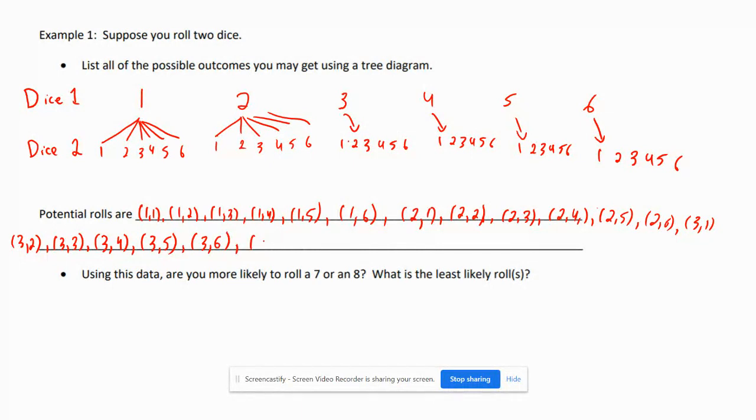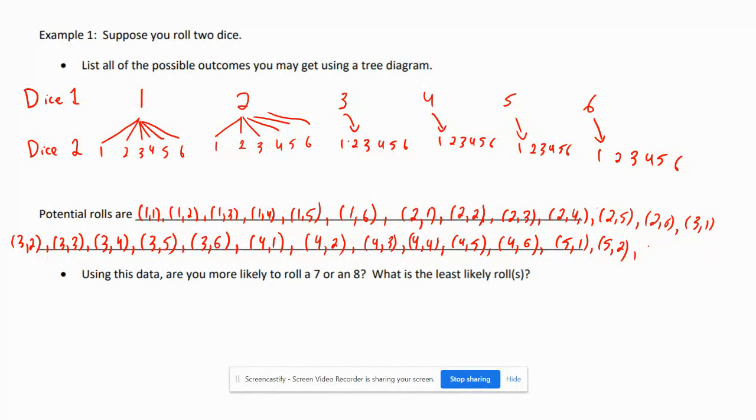Guys, the point I'm trying to get over here, listing the potential outcomes is a very cumbersome and a very long activity. We're not going to be doing this much in this unit. Point is, there's going to be a total of 36 different possibilities here.